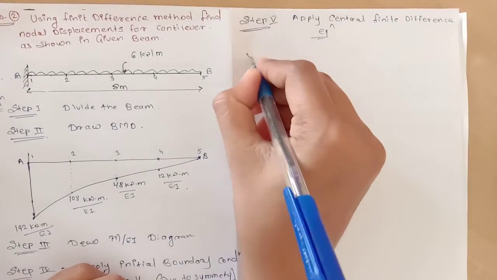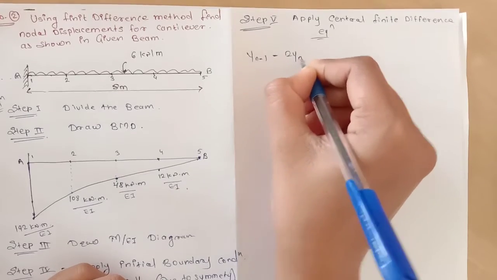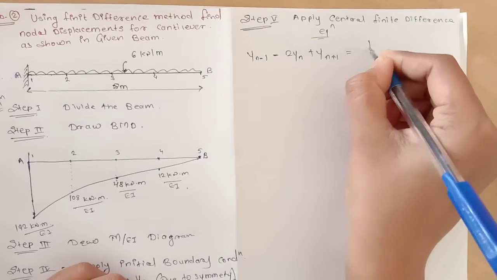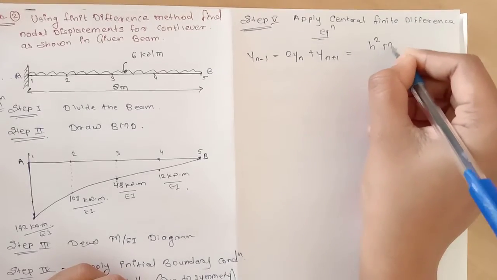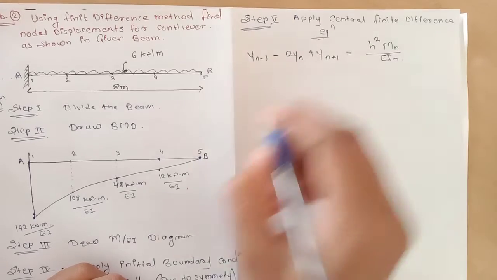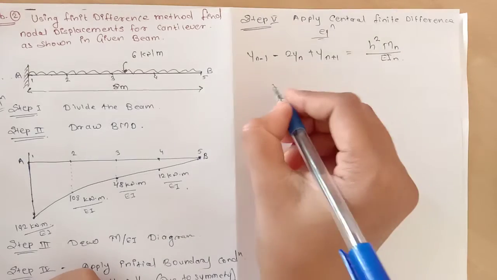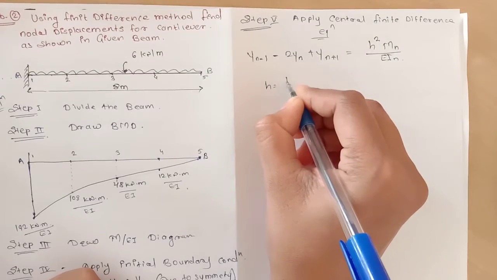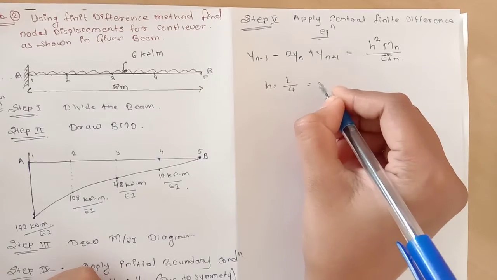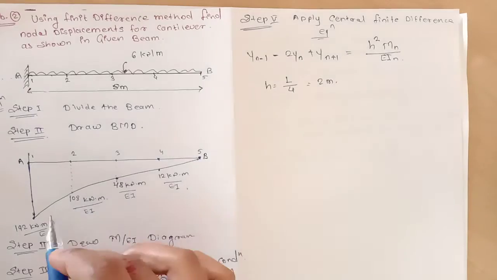The equation is y base n minus 1 minus 2y base n plus y base n plus 1 is equal to h square into M base n divided by EI. Here y is the deflection, h is the total span divided by 4, that means 8 divided by 4, which is 2 meters, and M is the moment.